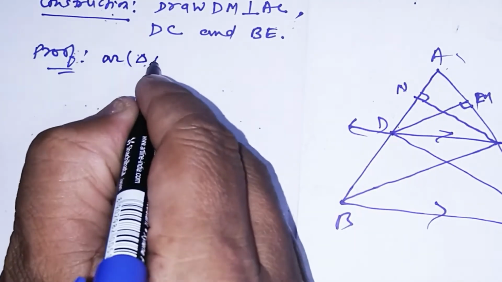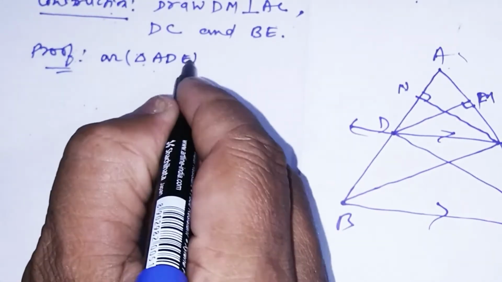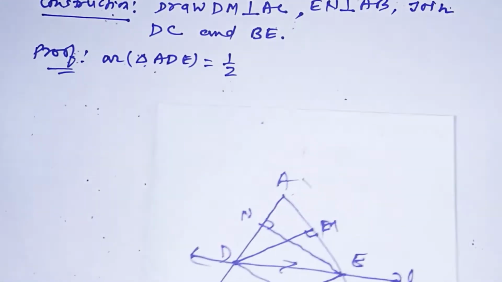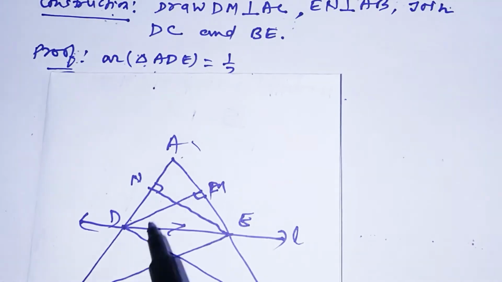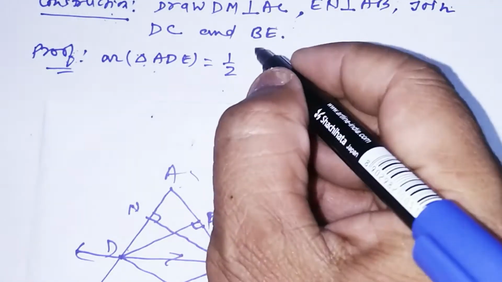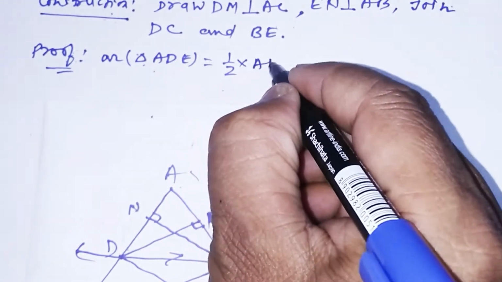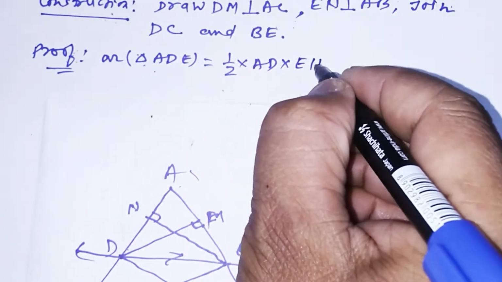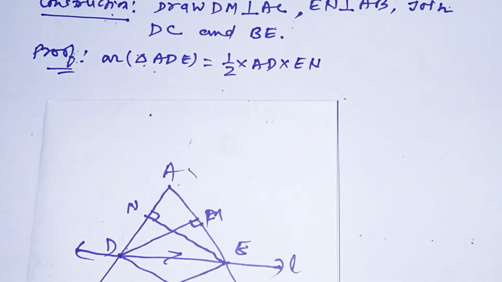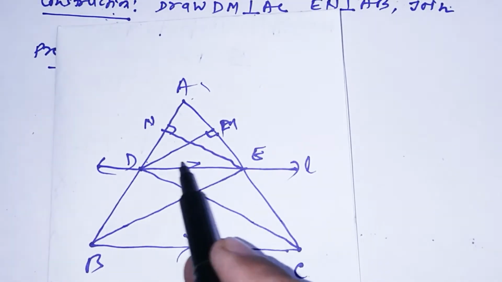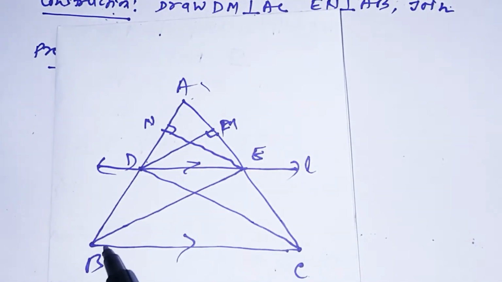Area of triangle ADE will give you half into base AD into height EN. Now if we talk about triangle BDE, you want to find the area of BDE.